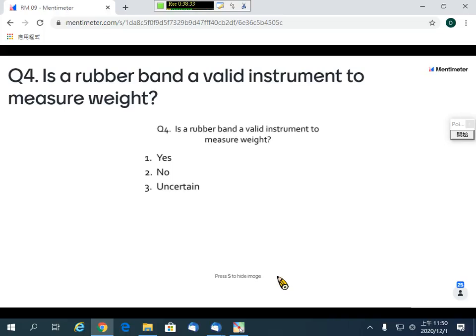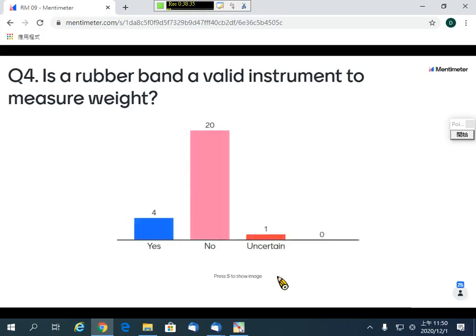Well, the answer is yes. Rubber band, right? Pen? Can I use this to measure? Yes, of course. Heavier, lighter, heavier. The only problem is that it's not precise, right? But it is capable of measuring weight. So it is valid. Remember? Is that right? Okay. So the answer is yes.